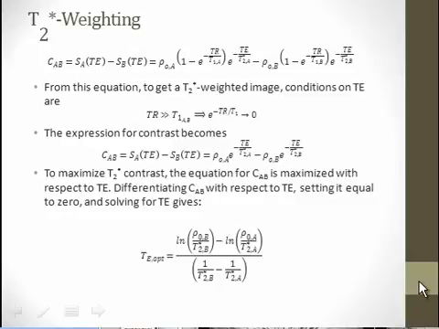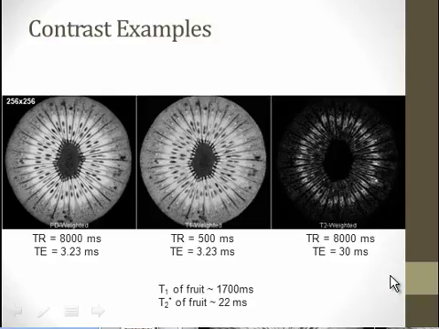Let's look at an example here. Before I took these images, I did a scan to determine the T1 of the fruit, in some pixels in this bright region here, and that ended up being about 1,700 milliseconds. I took a separate scan, designed to calculate the T2 star, and that number ended up being 22 milliseconds.